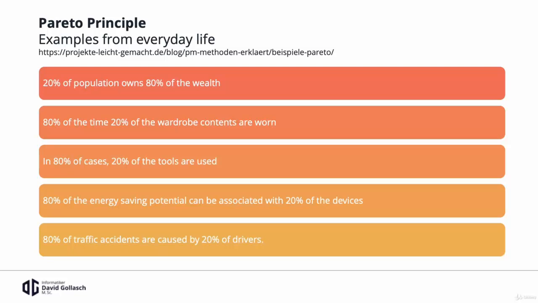Or if you're using tools to get something done, then in 80% of the cases you only use 20% of the tools. For example, take a look at your smartphone. For 80% of the tasks that you're doing, I would say you only use 20% of the apps installed on your phone. The same might be true for your computer.